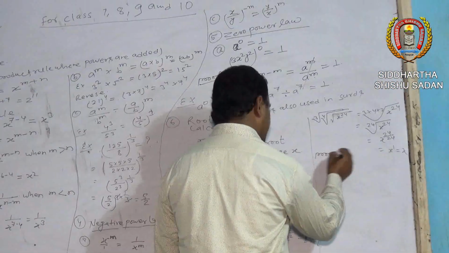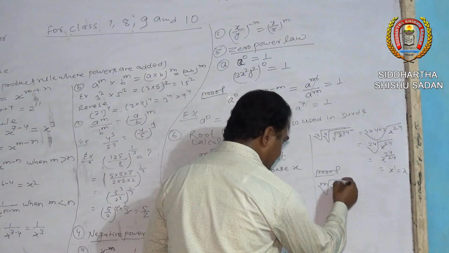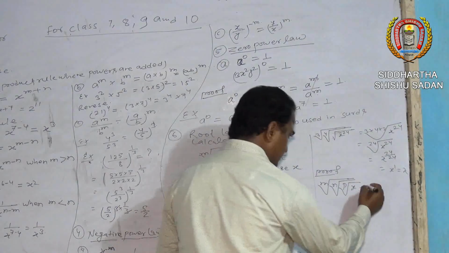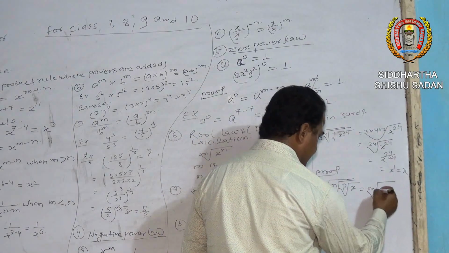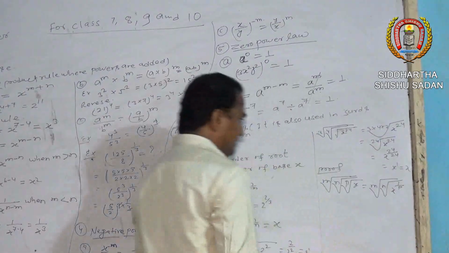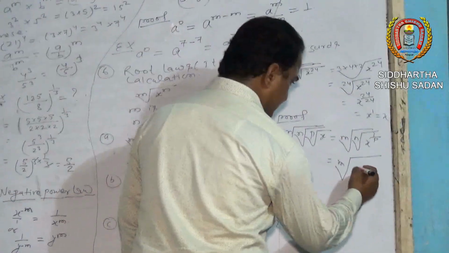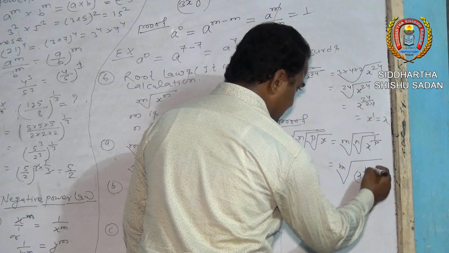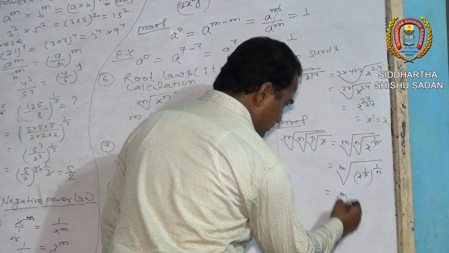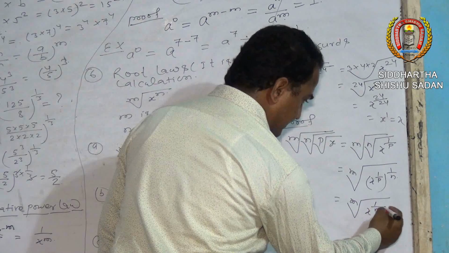Next is proof. m root p root x is equal to m root x to the power 1 by p. Again, m root x to the power 1 by p whole to the power 1 by n. It means m root x to the power 1 by np.